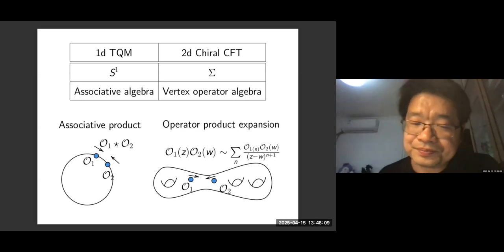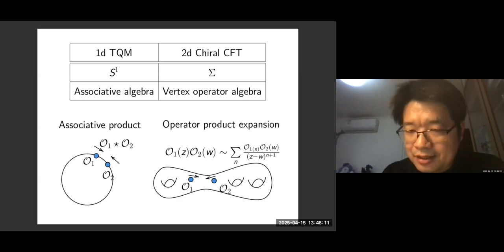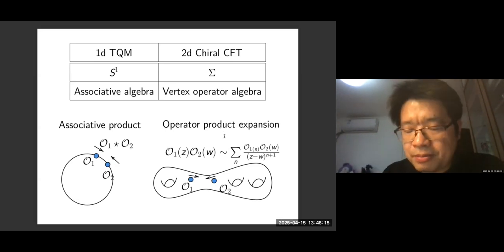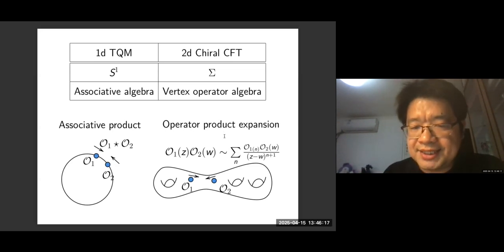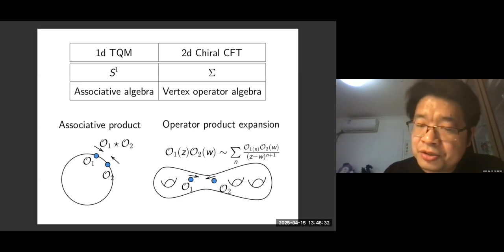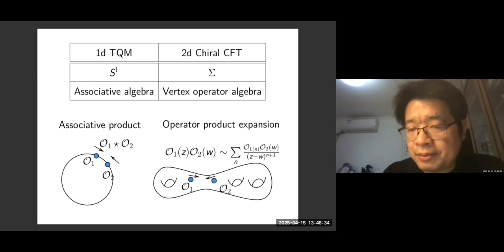Now I can again ask the following question: let's try to figure out differential operators in this 2D setting. The chiral analog of differential operators in 2D is the so-called beta gamma system, and the chiral analog of the Clifford algebra is the so-called BC system. One of them is bosonic, the other one is fermionic.